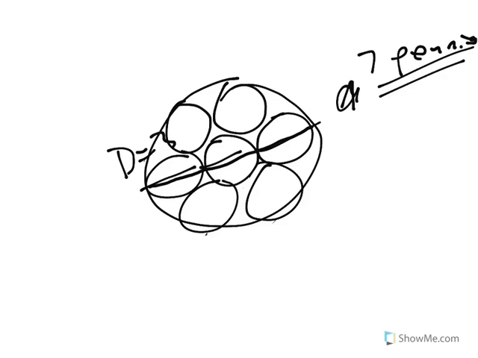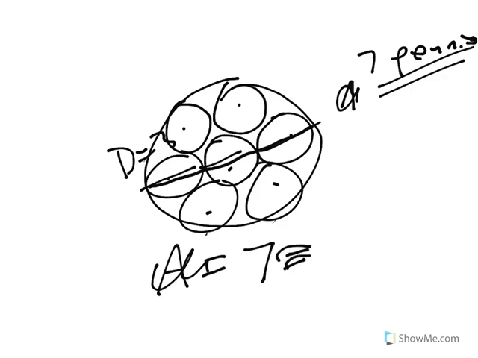So if you think that this thing is kind of like a circle, these 7 circles together, you can say that 7 is the area, approximately, when the diameter is equal to 3.